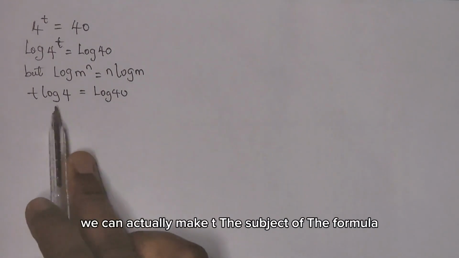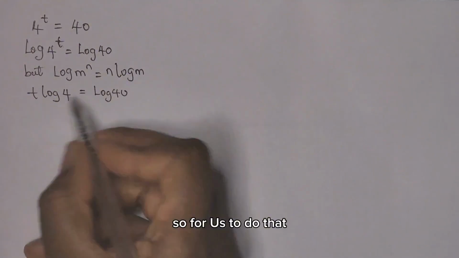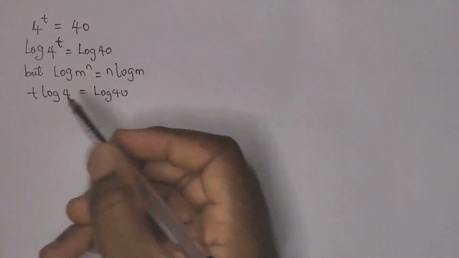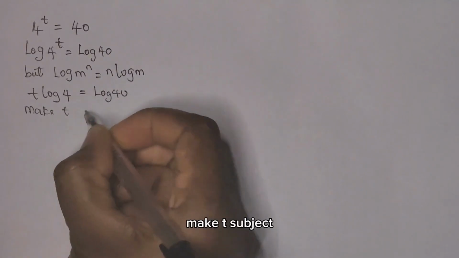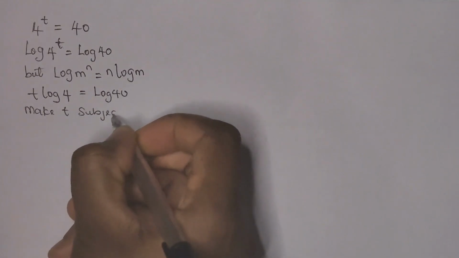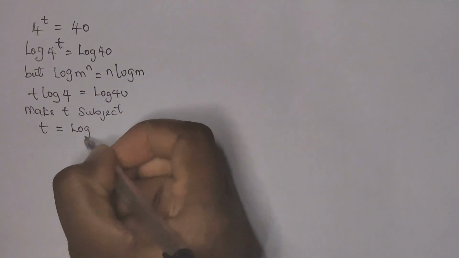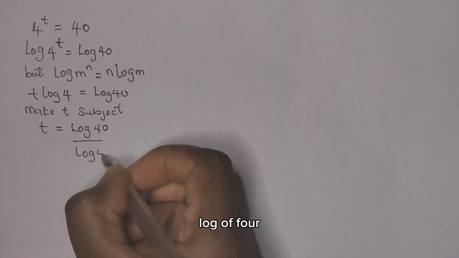Now from here, we can make t the subject of the formula. To do that, we'll divide by the coefficient of t, which is log of 4. It will now be t equal to log of 40 all over log of 4.